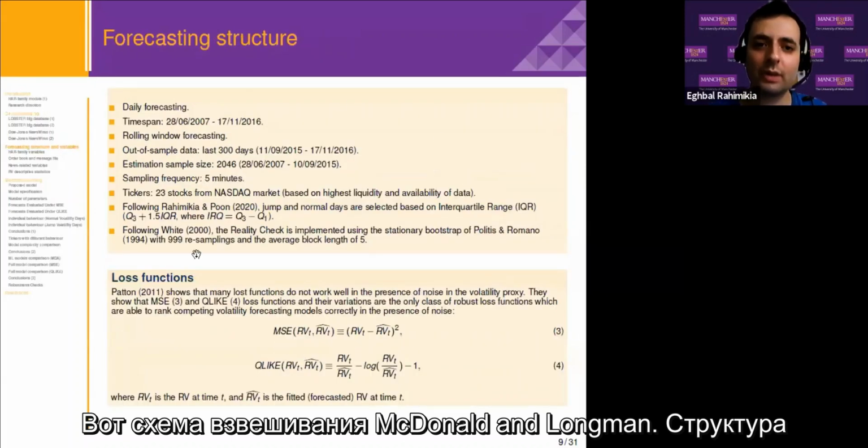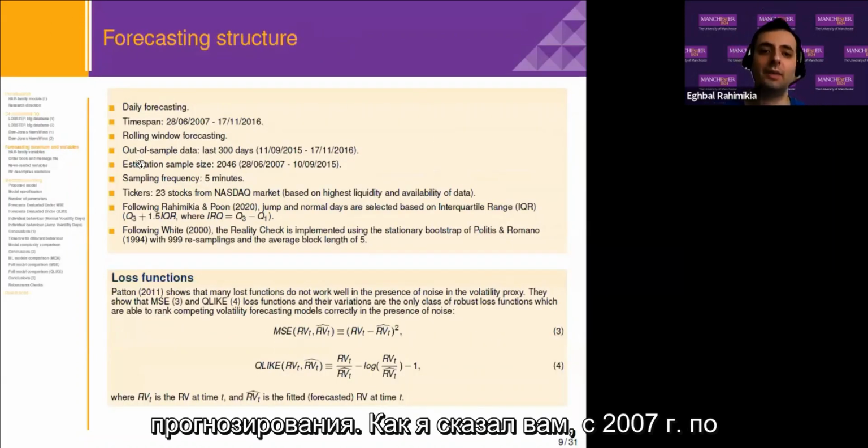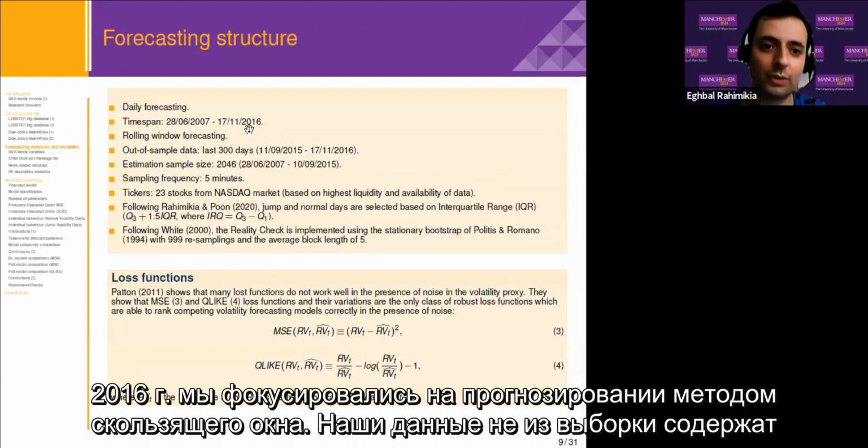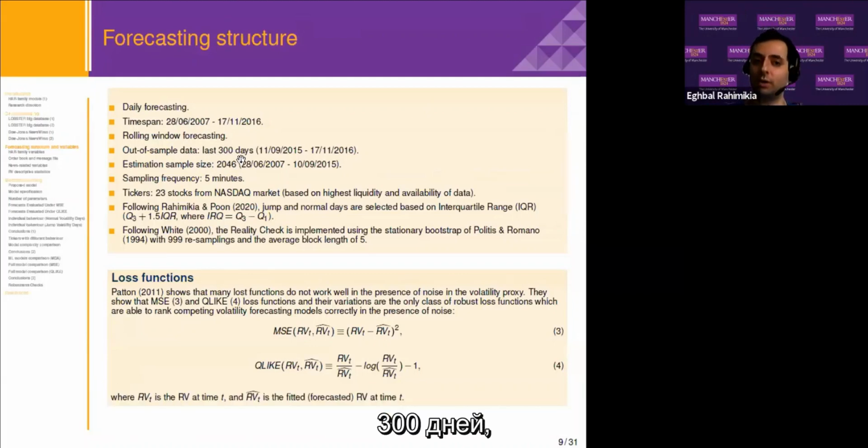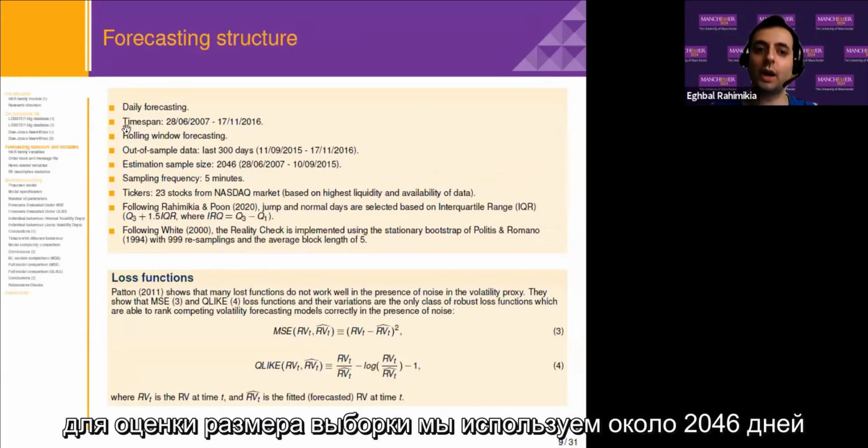And the forecasting structure, as I told you, is daily forecasting. Our time span is from 2007 to 2016. We are focusing on rolling window forecasting. Our out-of-sample data contains 300 days. For the estimation sample size, we are using nearly 2046 days.